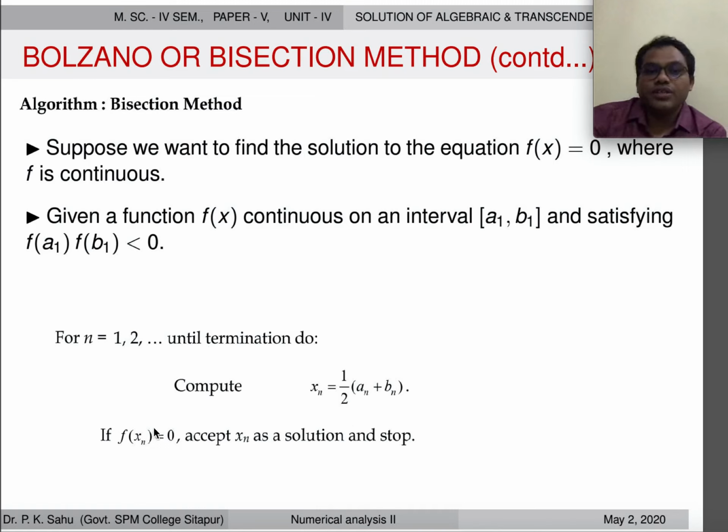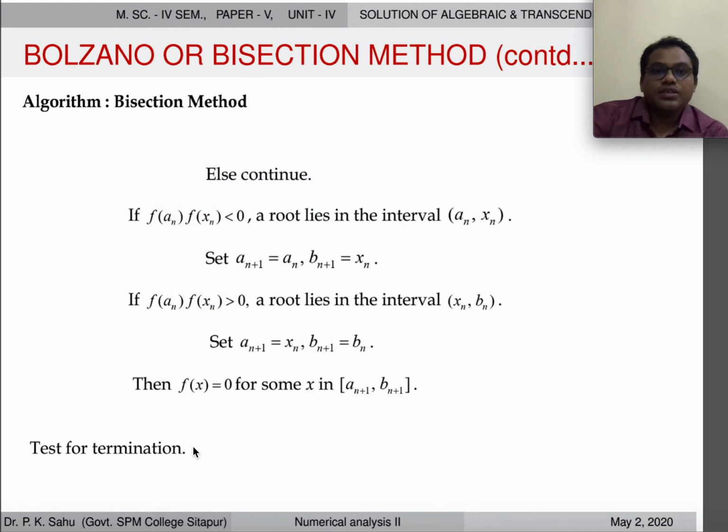If f of xn is 0, it is our root. But if f of xn is not 0, then either f of an into f of xn is less than 0, in which case our root lies between an and xn, or f of an into f of xn is greater than 0, in which case our root lies between xn and bn. In this way we have to proceed.